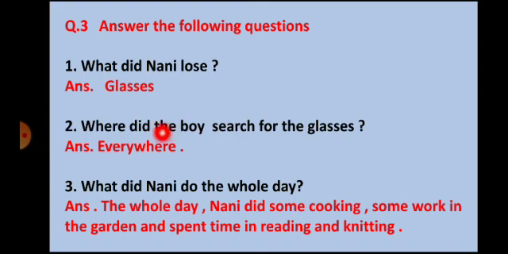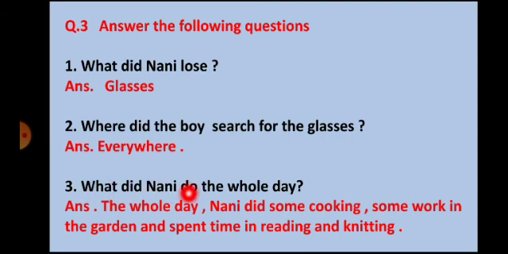Now next question. Where did the boy search for the glasses? So where had he searched? He had searched everywhere in the house. So the answer is everywhere. Now what did Nani do the whole day?